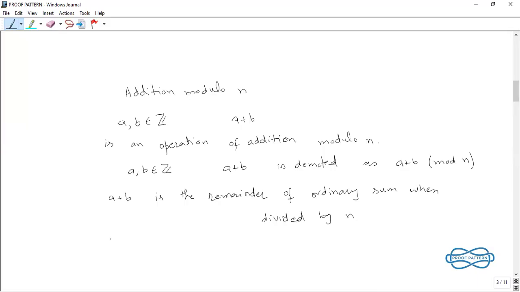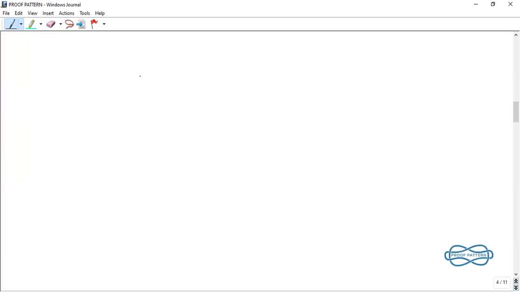And similarly, the multiplication modulo n, a multiplied by b, is the remainder of the ordinary product when divided by n. Okay, let's understand this concept with the help of an example.